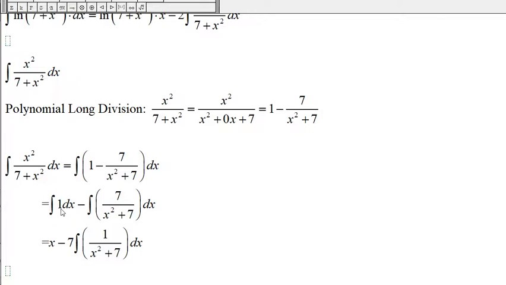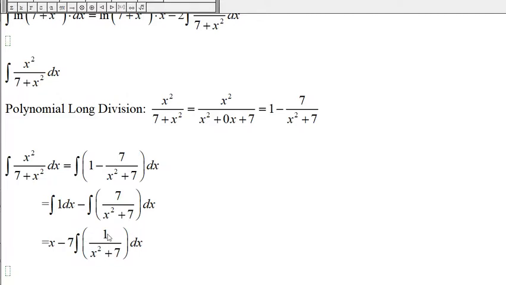The integral of 1 is just x. This constant 7, we can move and place in front of the integral, and now we have 1 over x squared plus 7.